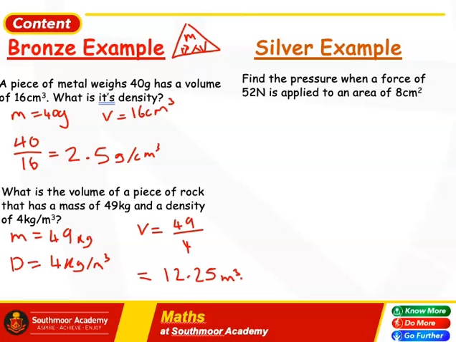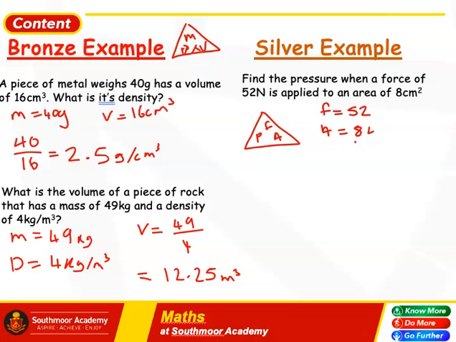Okay, moving on to our silver. Find the pressure when a force of 52 newtons is applied to an area of 8 centimetres squared. So if we draw a triangle for pressure, we have pressure, force and area. We've been given a force of 52 newtons and an area of 8 centimetres squared.